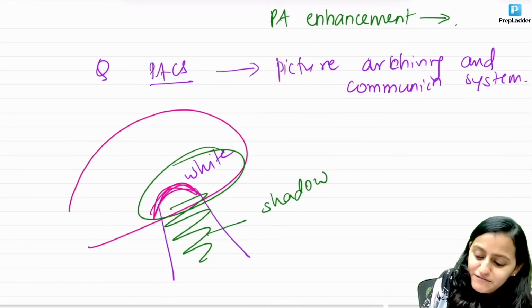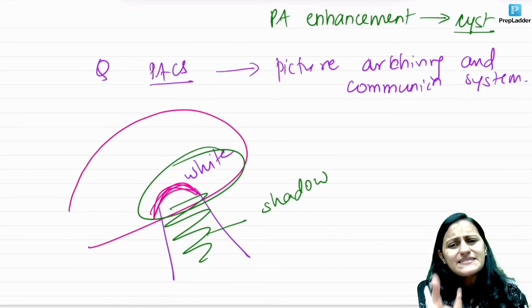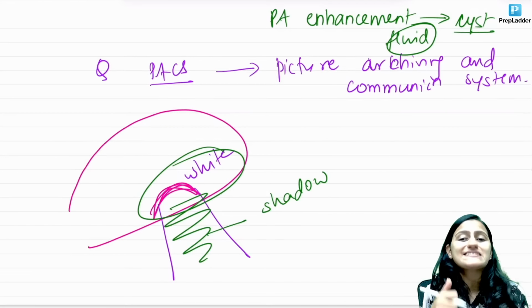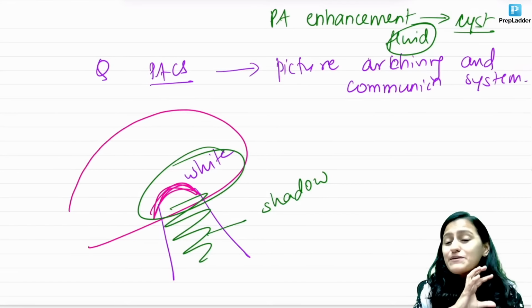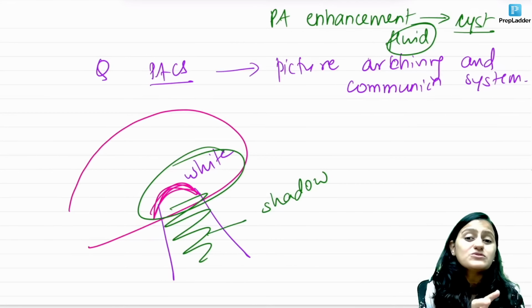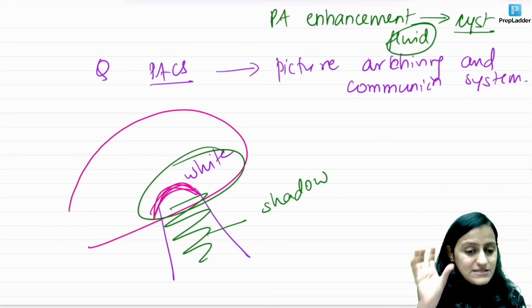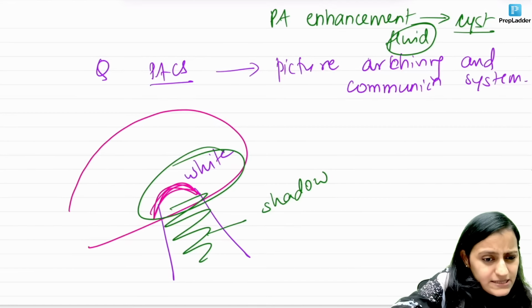It is seen with fluid containing lesions, that is cyst, simple cyst containing simple clear fluid. Fluid basically shows enhancement. Okay, so cystic lesions show posterior acoustic enhancement, not stones. Remember, stones give posterior acoustic shadowing, the black area. Enhancement is the white area seen in cyst. Okay? Any other queries, guys?